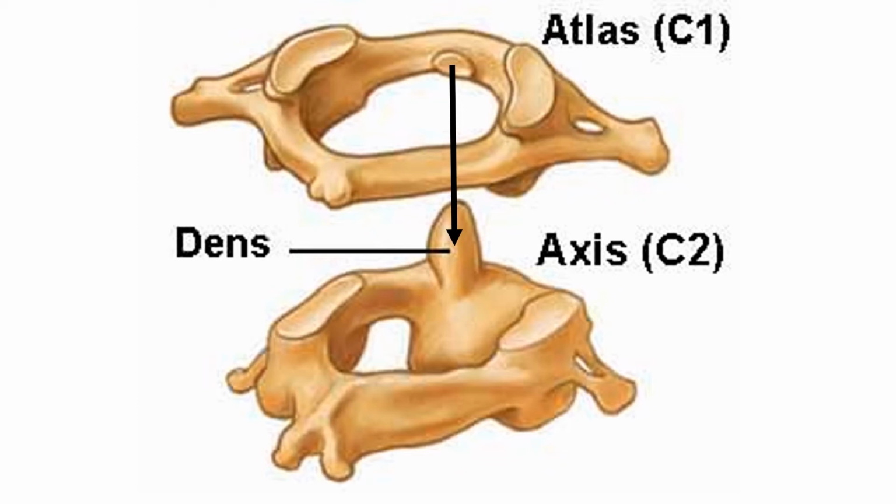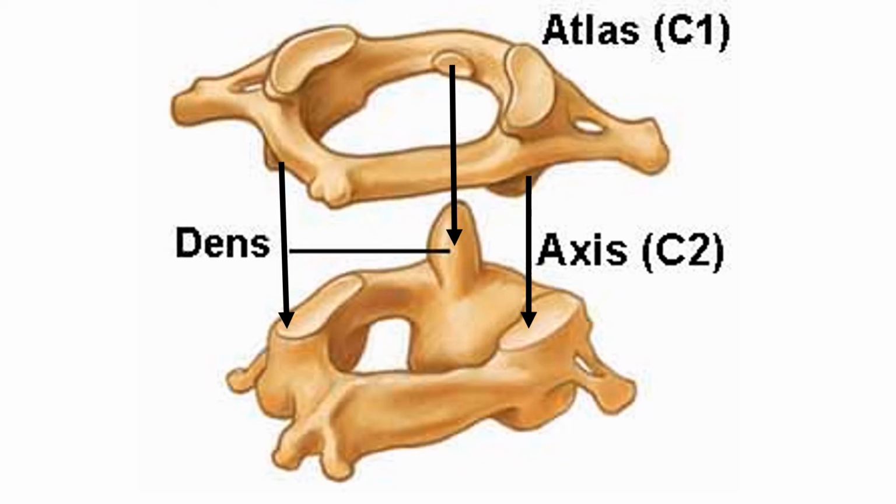This is the kind of connection between the atlas being superior and the C1 and the axis, the C2. The connection is in two parts.